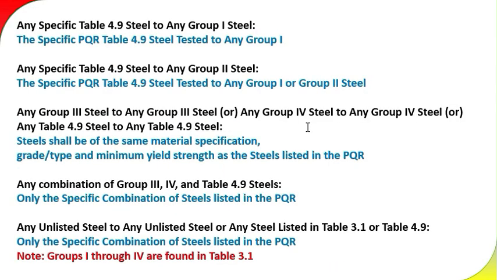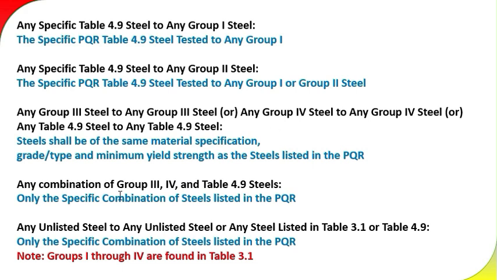Any specific table 4.9 steel is also there. If you see table 4.9, for any specific table 4.9 steel to any group 1 steel, the specific PQR table 4.9 steel is tested to any group 1. For any specific table 4.9 steel to any group 2 steel, the specific PQR table 4.9 steel is tested to any group 1 or any group 2 steel.